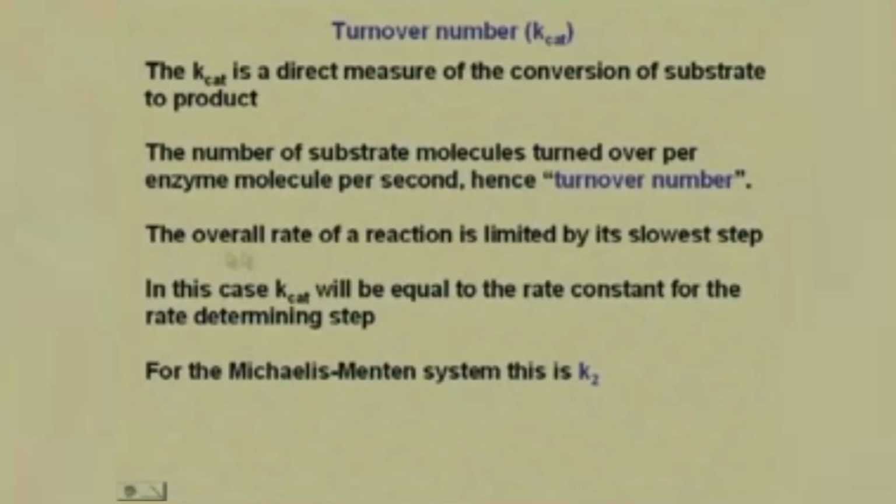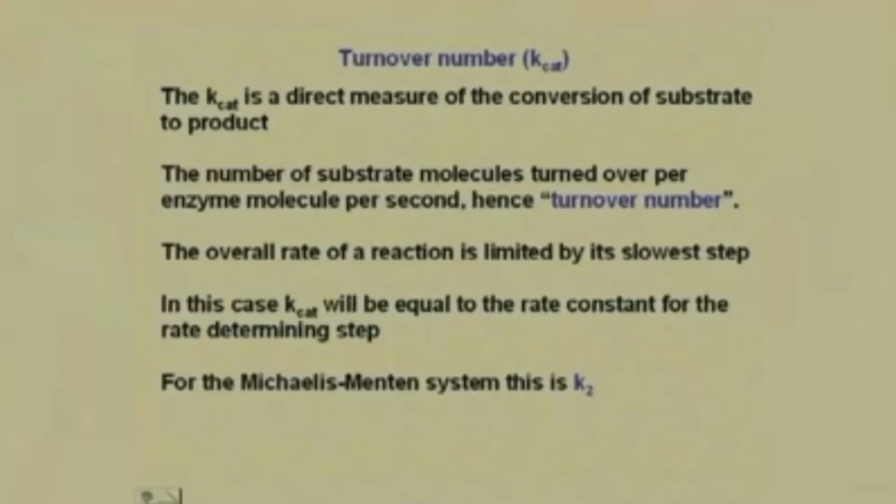Now, we also know that the overall rate of a reaction is limited by what? The slowest step of the reaction, which is the rate determining step or the rate limiting step. So what will be the Kcat? The Kcat will be equal to the rate constant for the rate determining step. And which is this rate determining step? It is K2. Why is it K2? Because that is the one that is forming the products.